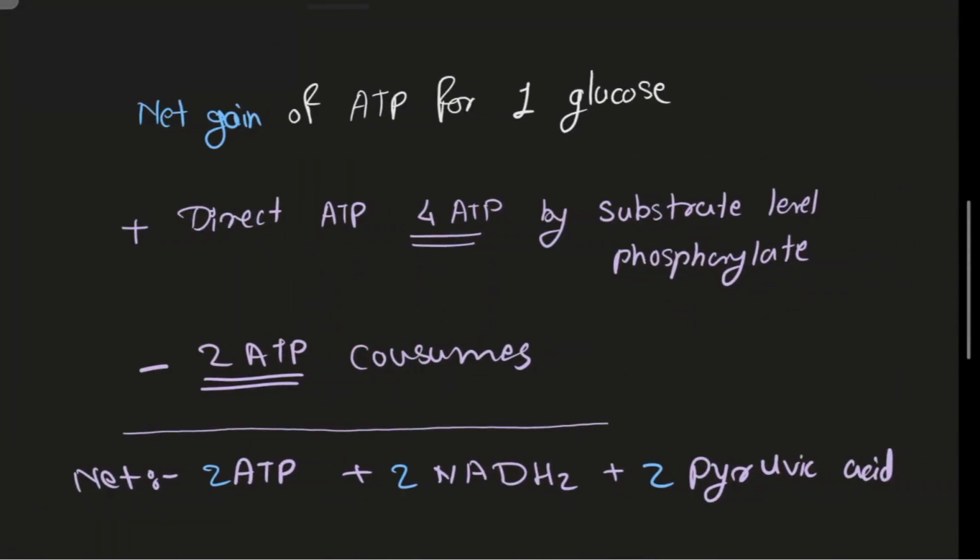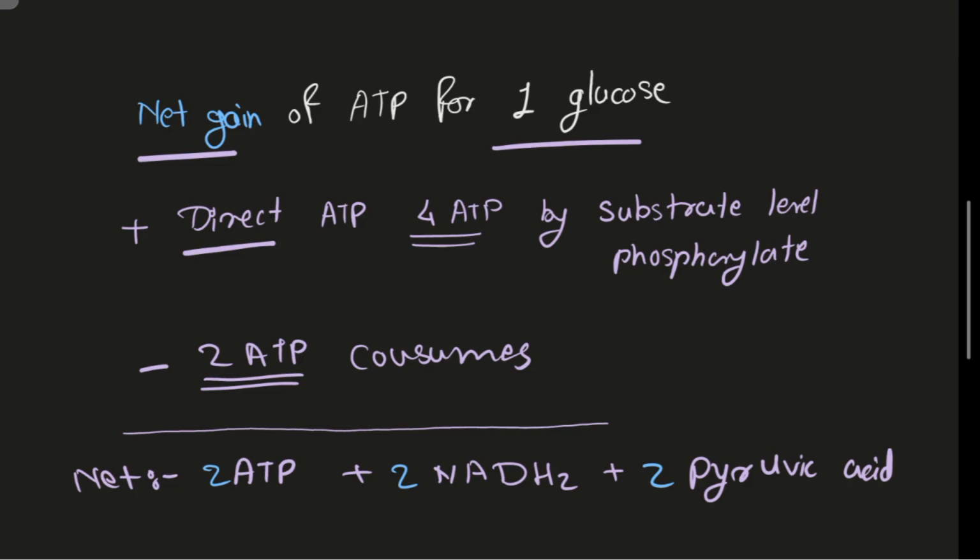So for a net gain of ATP from one glucose molecule, we get 4 direct ATPs by substrate-level phosphorylation in the 9th to 10th step and in the 6th step.